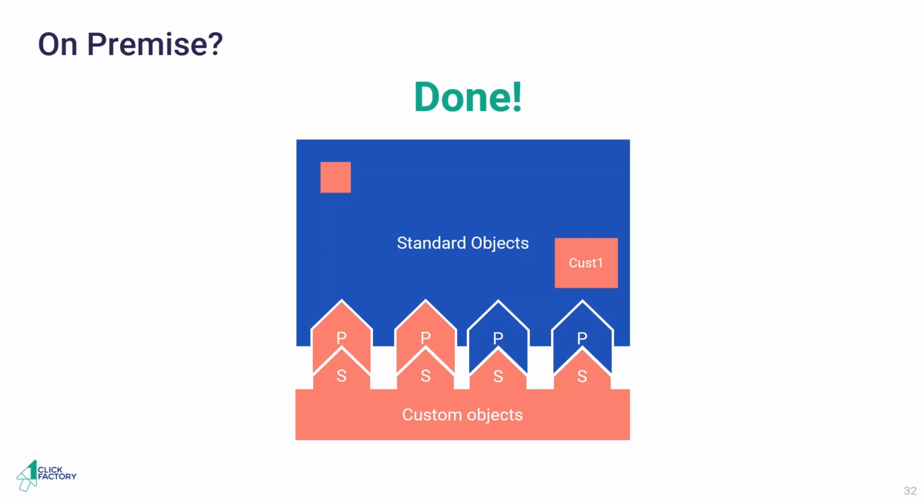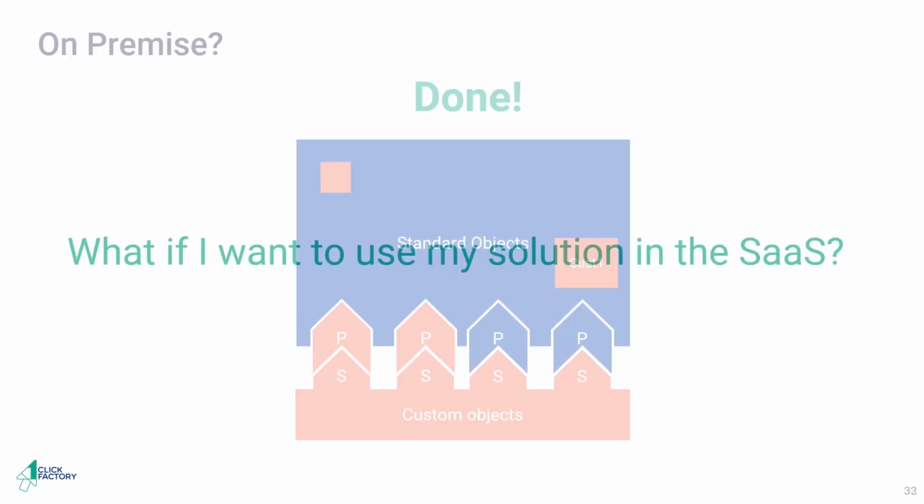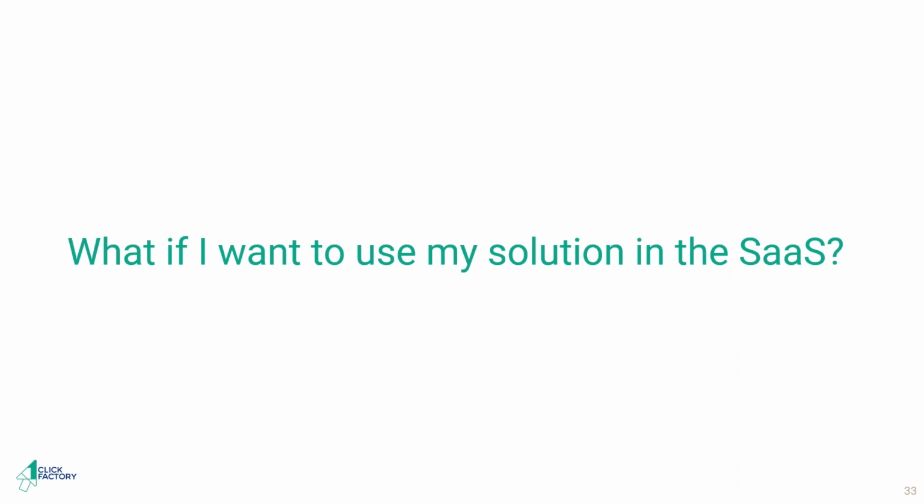That means some additional steps are required for them to start using their solution on the SaaS version. And we always recommend moving firstly to an on-premise release of Business Central, the newest release of Business Central on-premise, and then start thinking about moving to the SaaS.